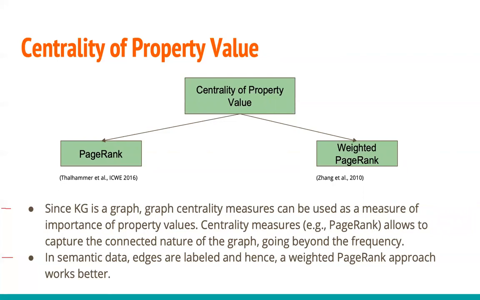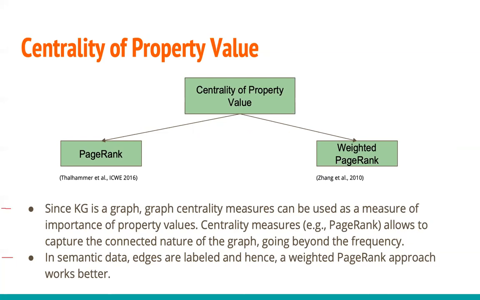People have tried using PageRank and also then modified it to weighted PageRank. If you are using normal or traditional PageRank, the assumption that PageRank makes is that each edge is treated equally, because they are connections in a graph and normally have the same weight.